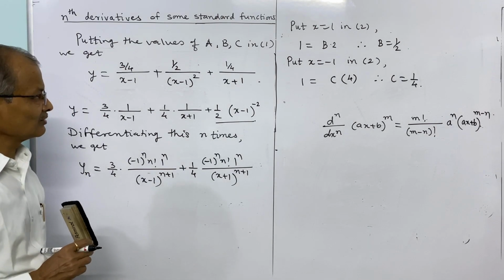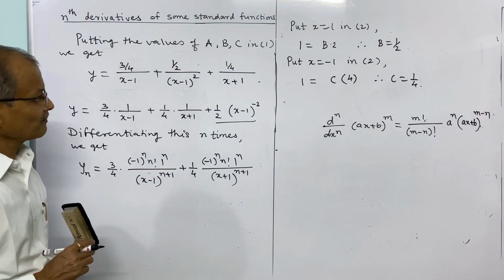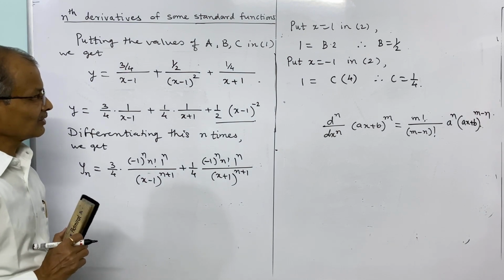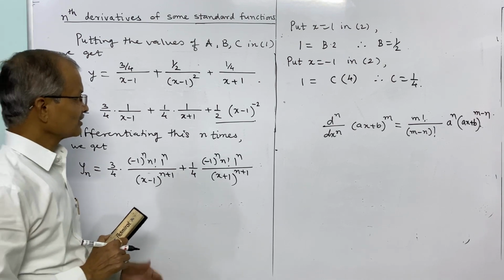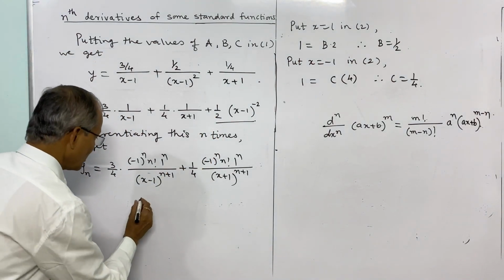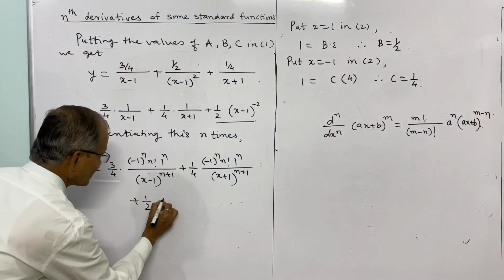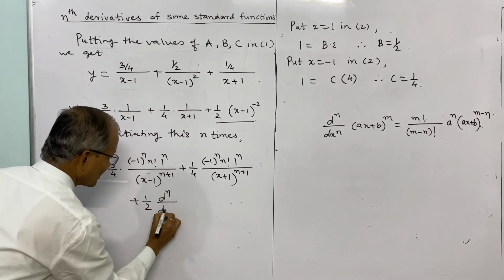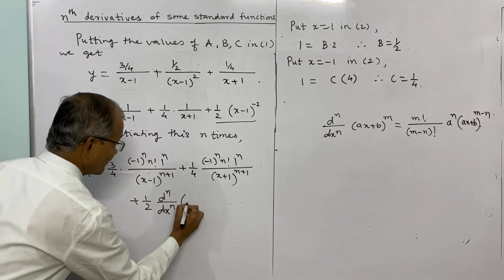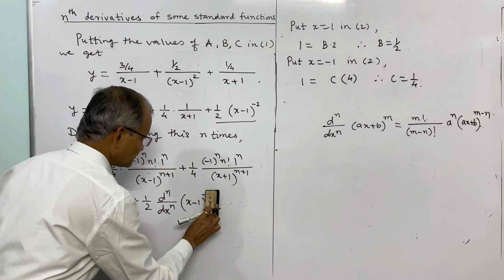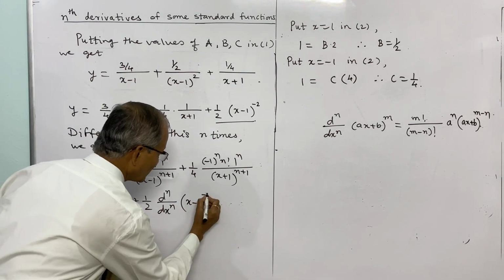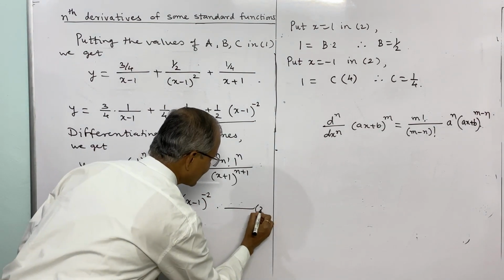So we can't use it for the last term, and that term should be obtained separately. So we should write here plus half the nth derivative of x minus 1 raised to minus 2, and I shall suppose this as third relation.